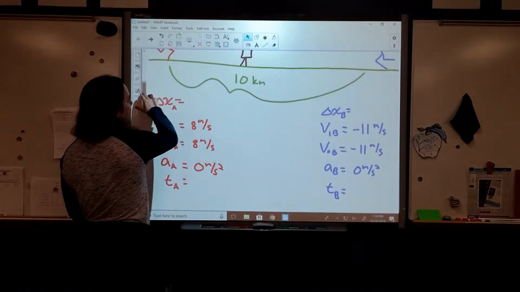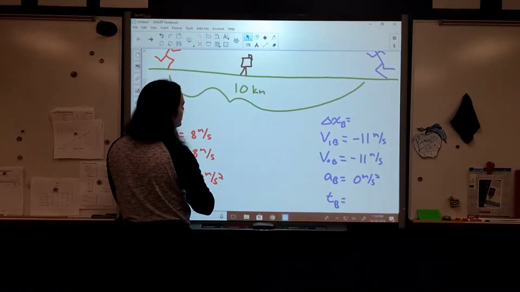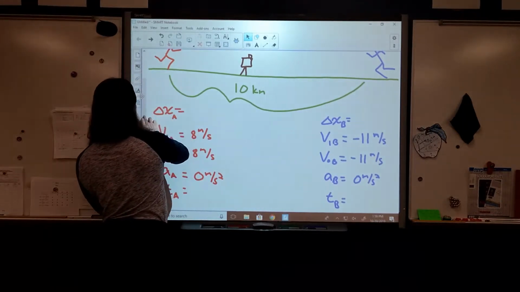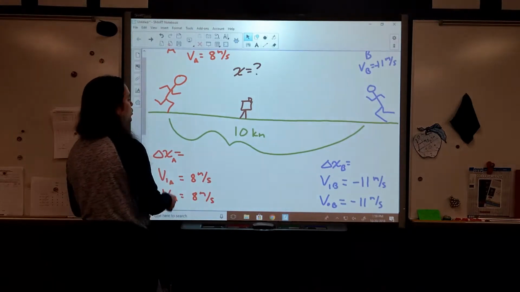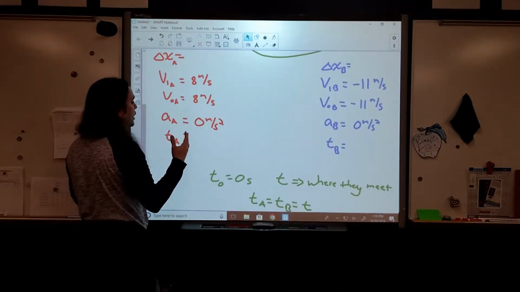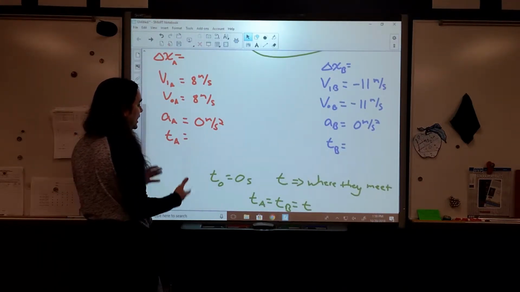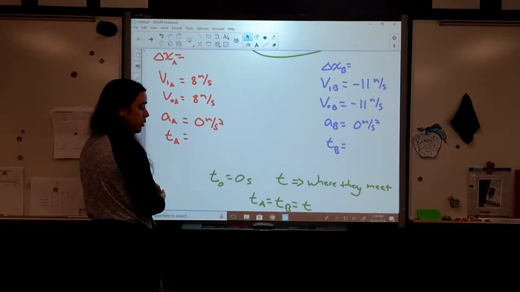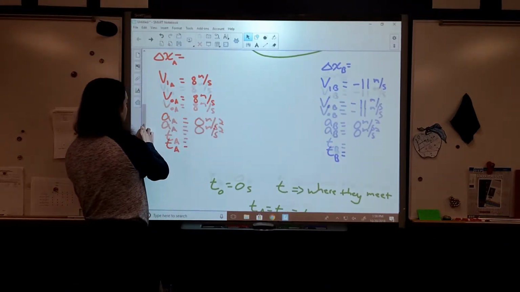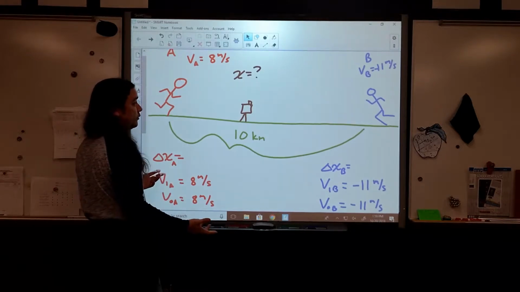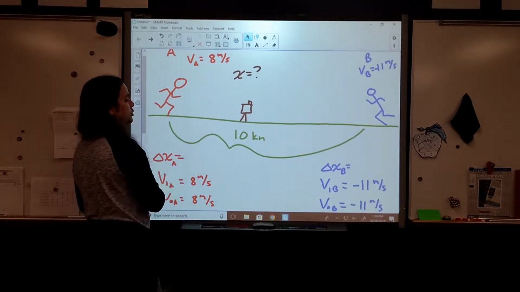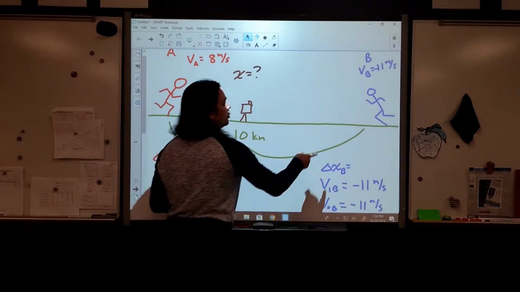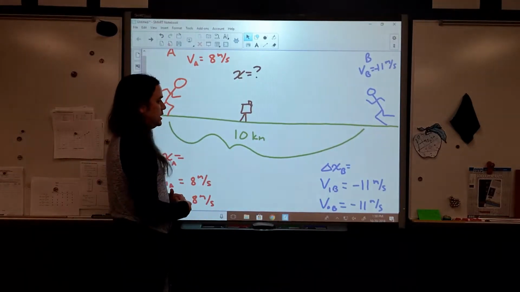In other words, if they meet up 2 hours later, then this person A has been running for 2 hours. This person B has also been running for 2 hours. Now, we may not know what that time is right now, but we can say that based on our problem, those are the same. Now, that might not be the case in the future. In the future, you might have a slightly different problem in which runner A starts running at 10 o'clock and runner B starts running at 10:15.